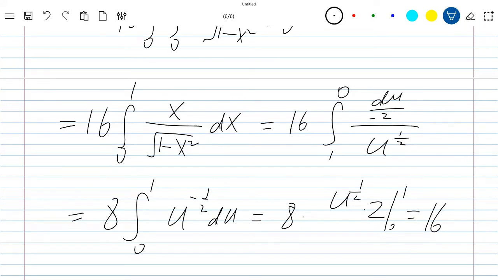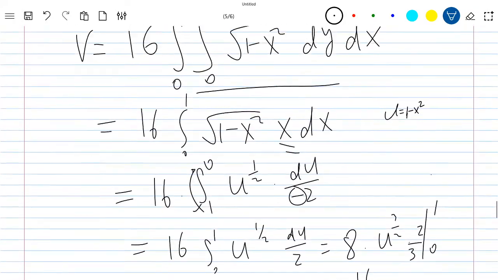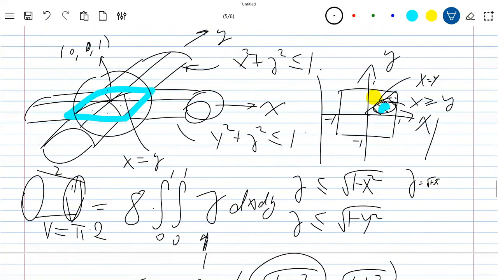Does that make sense? Let's see. If we have this surface, this is kind of like a sphere, right? But actually the sphere would be only on a circle, not on a square. So this might be a little bit bigger than a sphere.